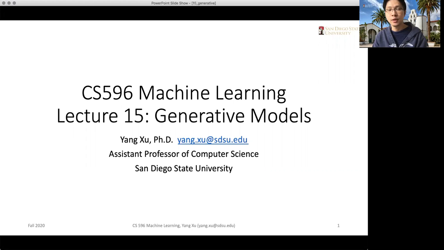So today will be our last lecture for this semester, and I think we're going to talk about something new about the generative models, and it's quite related to the previous mixture of Gaussian models.